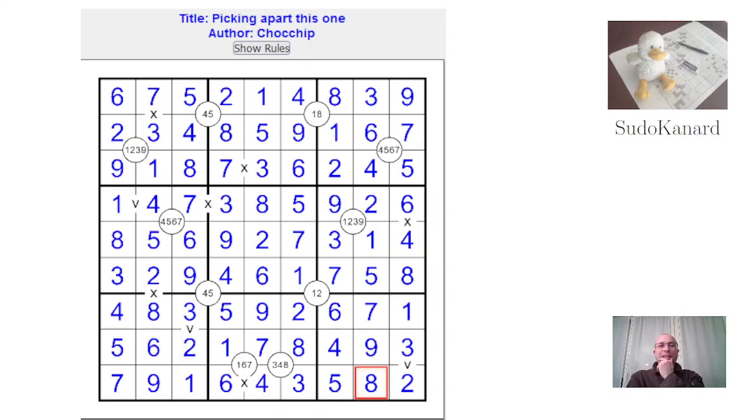Now, I must say, for a long time, the XV constraint always came with the negative rule. And of course, it's much easier not to use the negative rule. But using the negative rule gives way to sometimes more, not necessarily more advanced logic, but you can give fewer clues.